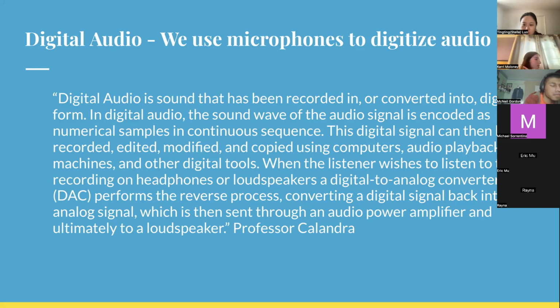This digital signal can then be recorded, edited, modified, and copied using computers, audio playback machines, and other digital tools. When the listener wishes to listen to the recording on headphones or loudspeakers, a digital-to-analog converter, DAC, performs the reverse process, converting a digital signal back into an analog signal, which is then sent through an audio power amplifier and ultimately to a loudspeaker.